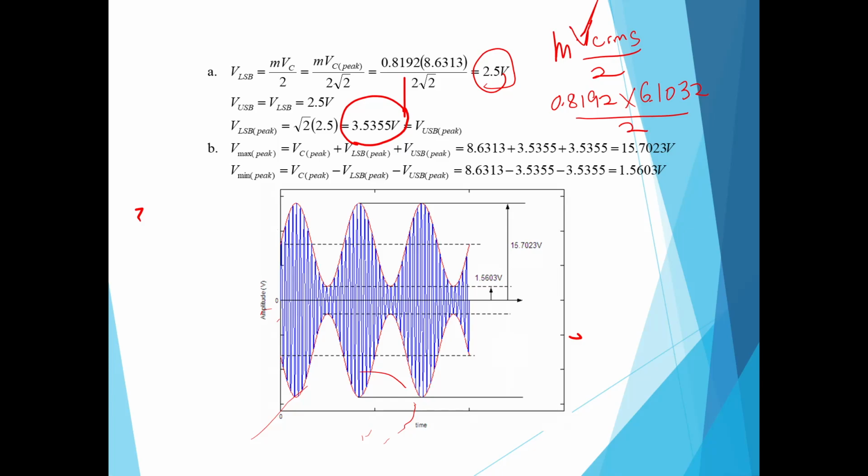Okay, like this one. Again, as I said previously, you need to practice on how to calculate, on how to simply draw the waveform like this.